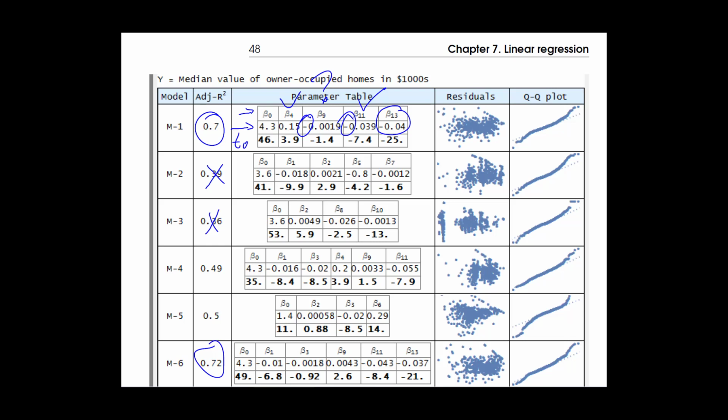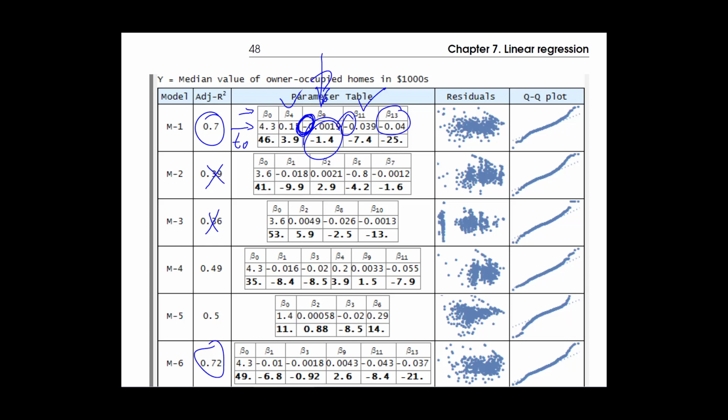Next thing we're going to look at is the t-values. Here's a small t-value, less than 2 in absolute value. That means that beta 9 is not a good variable to include. Maybe that explains why we obtained a negative value for the beta, because the variable wasn't significant. So I'm not liking this model because we have that extra variable that shouldn't be there.